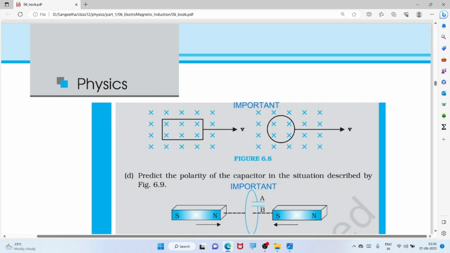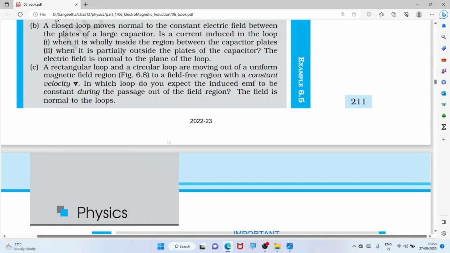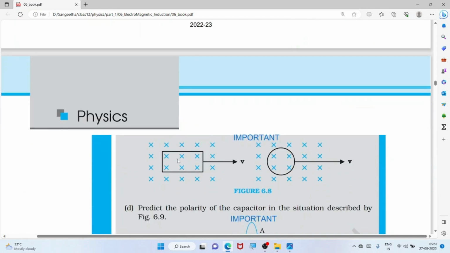See here, this area changes. A rectangular and a circular loop are coming out of the magnetic field into the free region with constant velocity. In which loop do you expect the induced EMF to be constant during the passage out of the field?